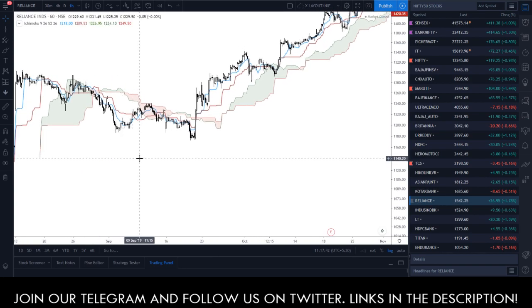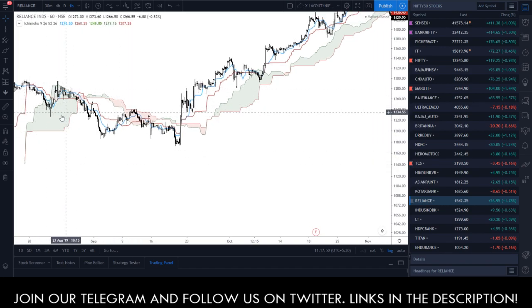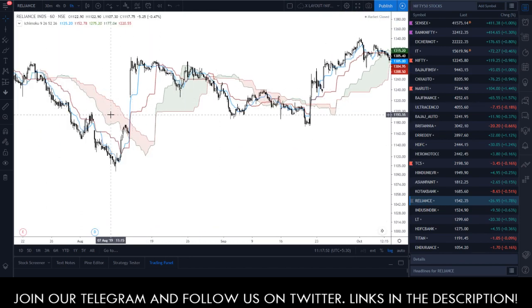Another important fact is the thickness of the cloud. If your cloud is thick, that will give strength to your trend. If the cloud is thin, that means your trend is getting weaker, and if your cloud is getting thick, that means your trend is gaining some strength. You can see that once it broke through the cloud down here, the cloud started getting thicker.